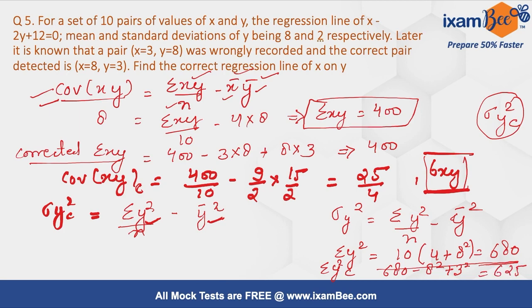So putting this value here, you can find the corrected value. So 625 upon 10 minus, what is the corrected value for y bar? It is 15 by 2 square. Once you solve this, you will find the value for it.